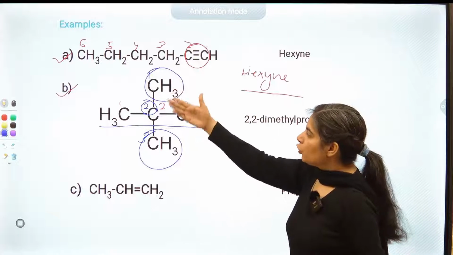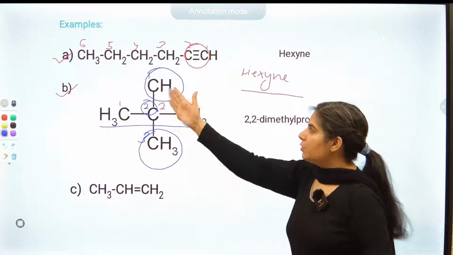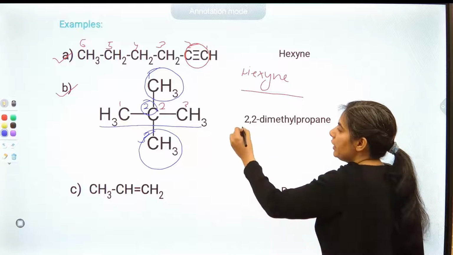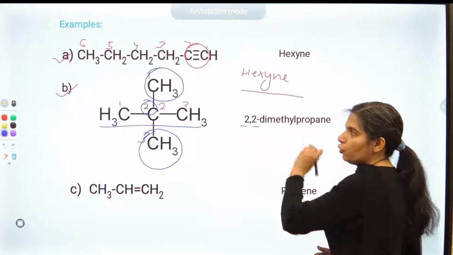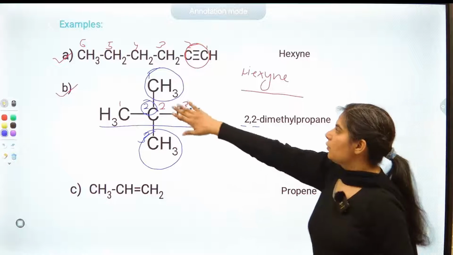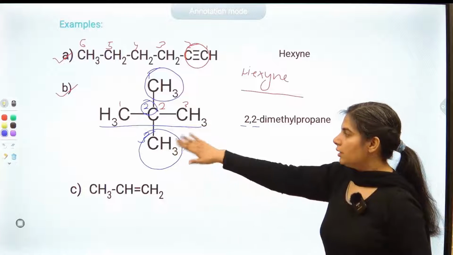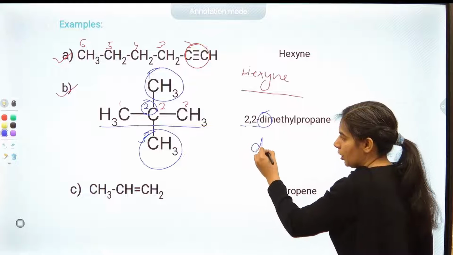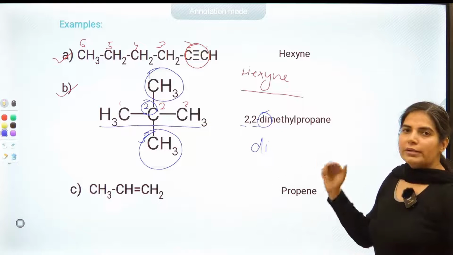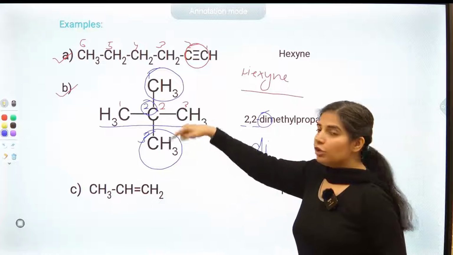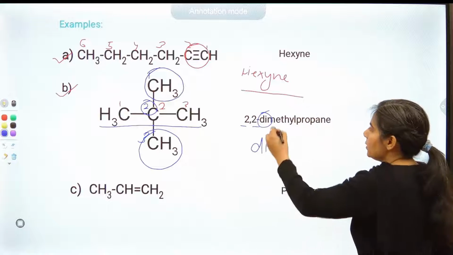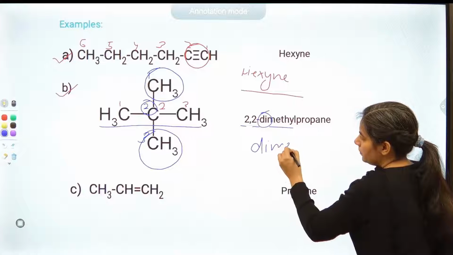We are having 2 substituents and the number is 2 for both. So for that, firstly we mention 2, 2. This is for this one and this one. After that, we are using di. What does the word di mean? It means we are having 2 substituents that are the same, and our substituents are methyl.